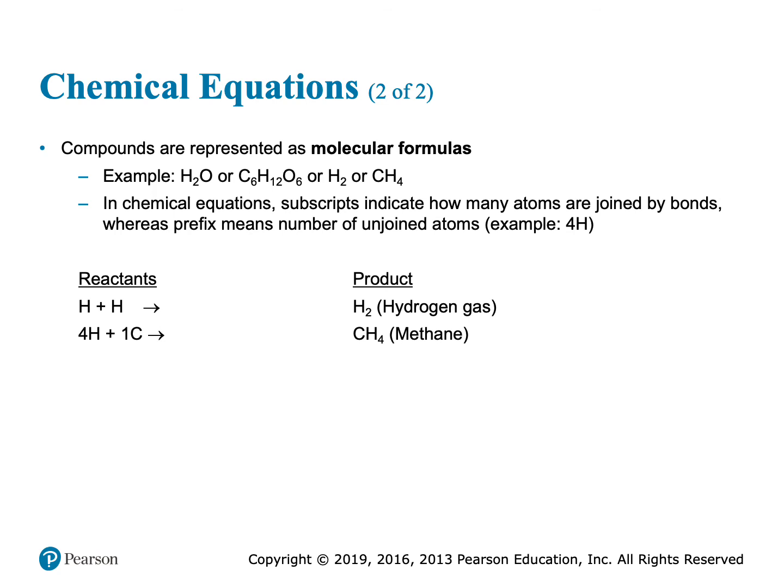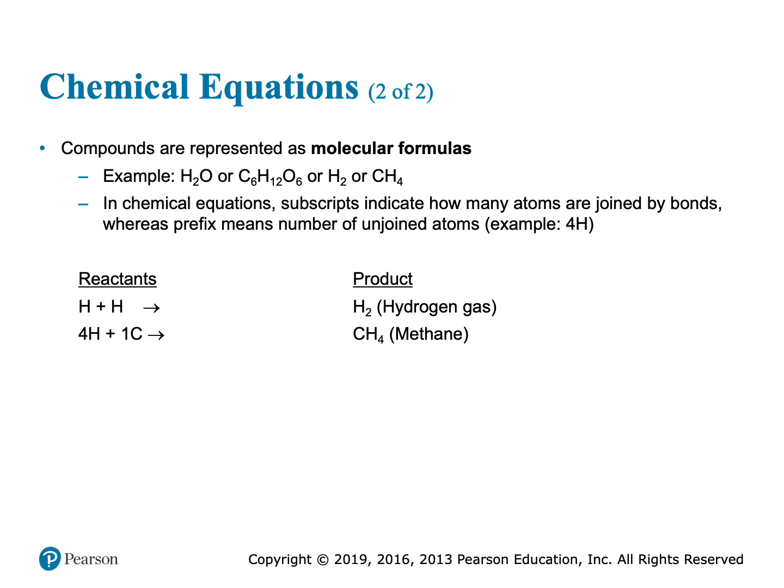Okay, so this right here is one equation. A hydrogen plus a hydrogen yields H2, hydrogen gas. 4 hydrogens plus 1 carbon yields CH4, which is methane gas.